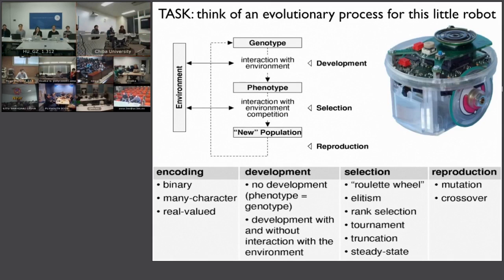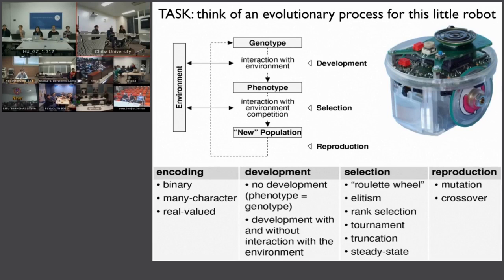Yeah. Okay, so for the genotype, I think it could use 6 real values, one for each combination of a sensor and a motor. So in total we have 6 combinations.